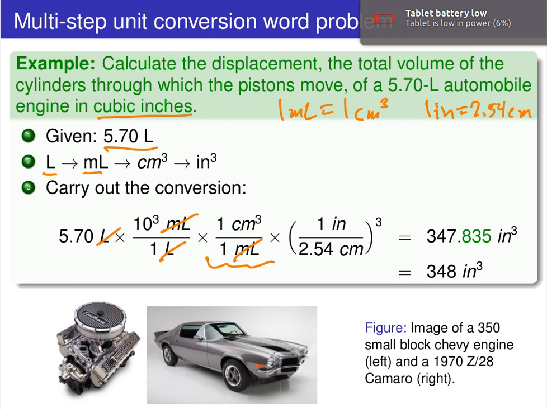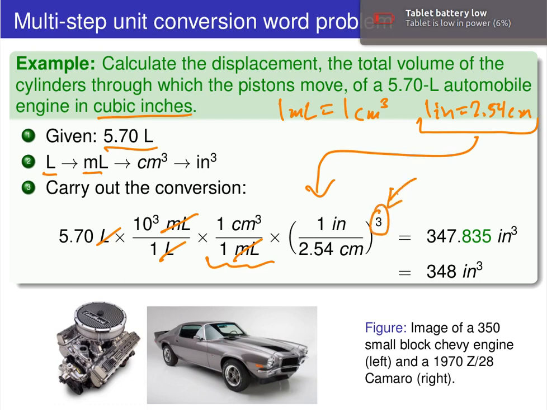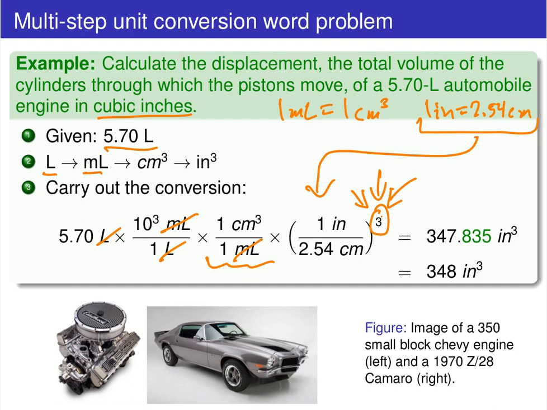And then finally, we're going to carry out the cubic inches and cubic centimeters conversion. So to do this, we're going to apply the conversion factor, but we have to remember to raise it to the appropriate power. And I can't emphasize enough, I see so many students forget that power of 3 up there and come up with a very far out there answer.